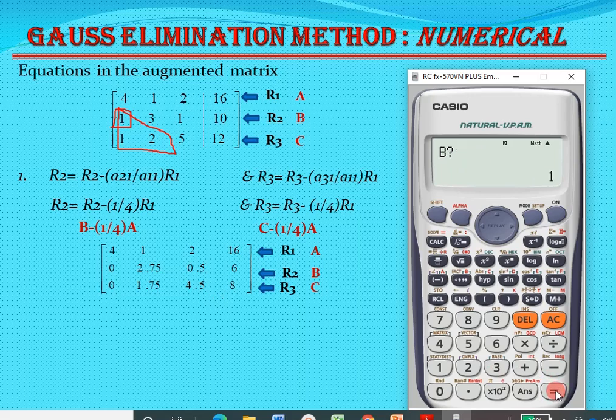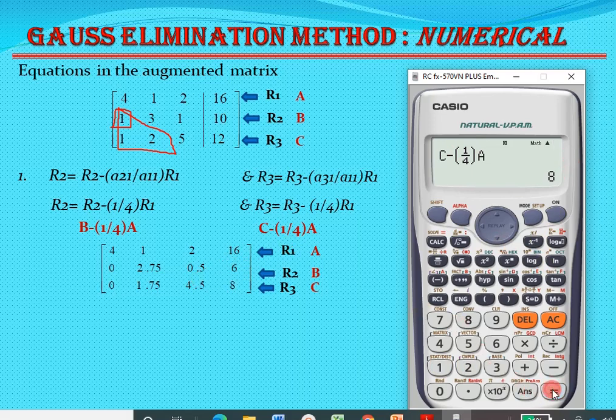The same will be applicable to the right hand side matrix. For the right hand side matrix, the B value is 10, so press 10 equal to, the A value is 16, press 16 equal to, and the C value is 12, so press 12 equal to. So we will get the new B value as 6, which is written here.